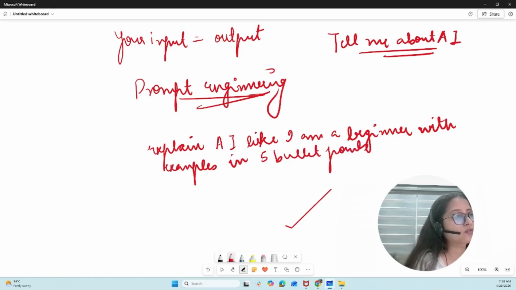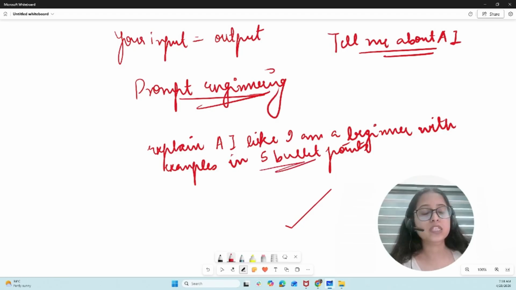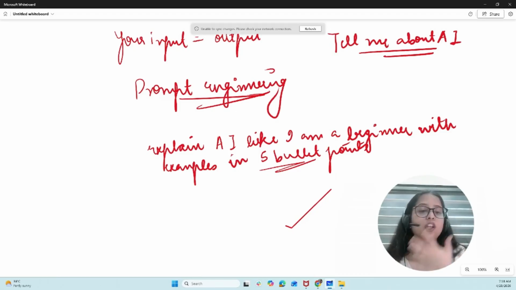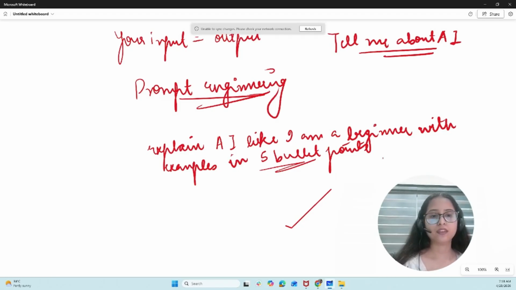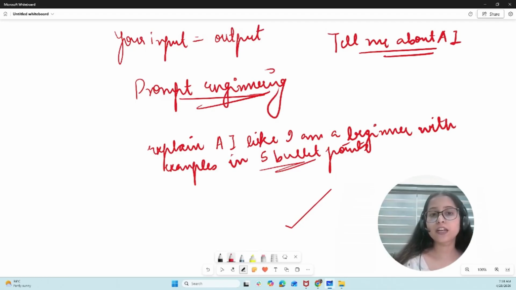So now it knows the scope, right? That you are a beginner, you want to understand AI with examples and only 5 bullet points. So this is a very strong prompt because now you are giving clear instructions, you have the target audience, and you know in which format it should give you the answer, right? So the better you communicate with AI, the better results you get from it.